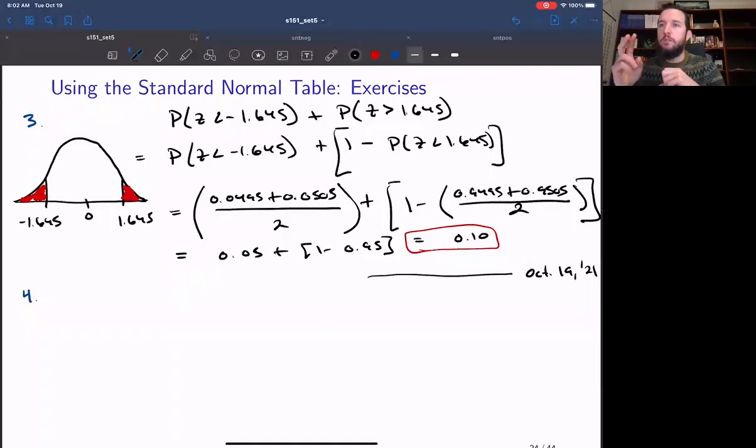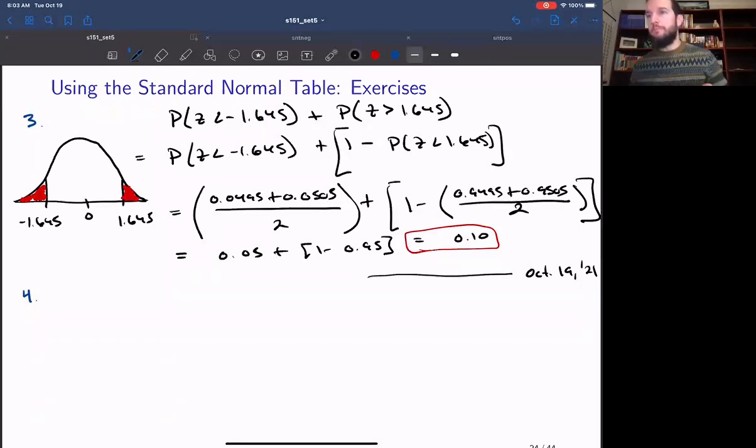After that, we're going to look at 2 extensions where we can find area underneath any normal curve and where we can find a horizontal value for any normal curve. So effectively, what we are doing is we are learning how to find probabilities of an event for any normal distribution and how to find the percentiles of any normal distribution. Those are the 2 main end goals of this unit.